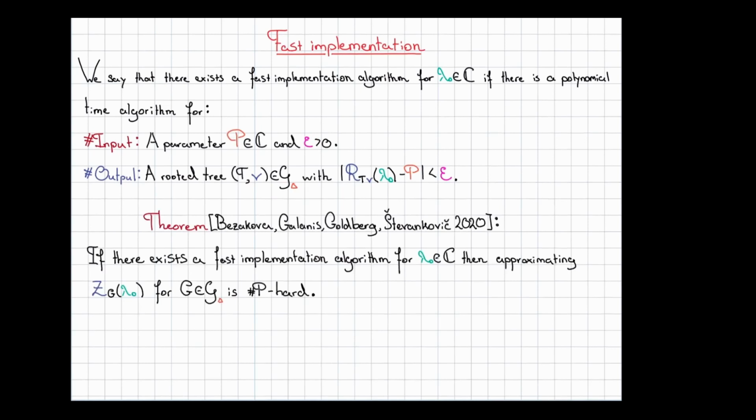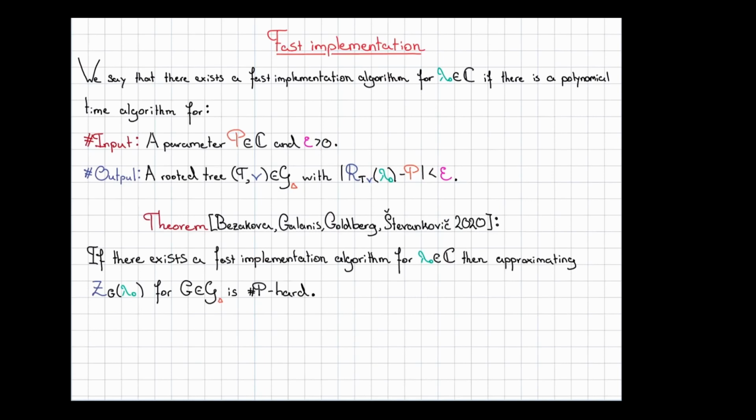Bezáková, Galanis, Goldberg, and Štefankovič showed that if there is a fast implementation algorithm for a particular parameter, then approximating the independence polynomial for that parameter is sharply hard. The way they do it is that this fast implementation algorithm says that you can create graphs which have ratios anywhere in the complex plane. Those graphs can be small because this is a polynomial time algorithm.